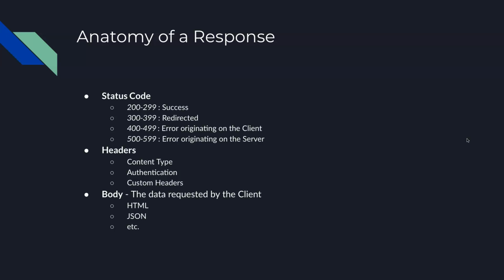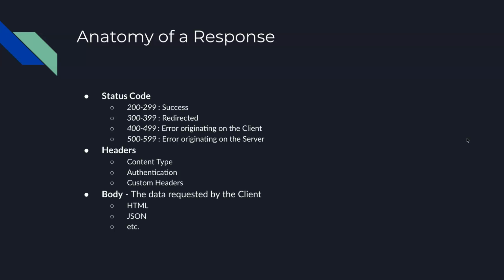So if we request with username and password, we could get back a bearer token so that we know we have the rights to access additional resources on the server if we pass along that bearer token back to the server. So the server knows who we are. We are who we say we are. And the custom headers. So we can set our own custom headers on the server side and send those back to the client so that they have any additional high-level information they need to know.